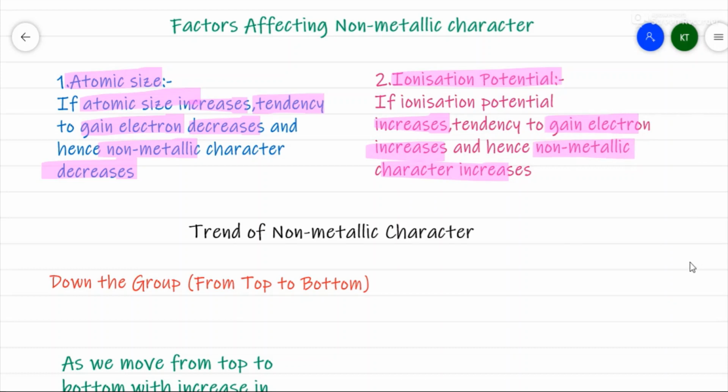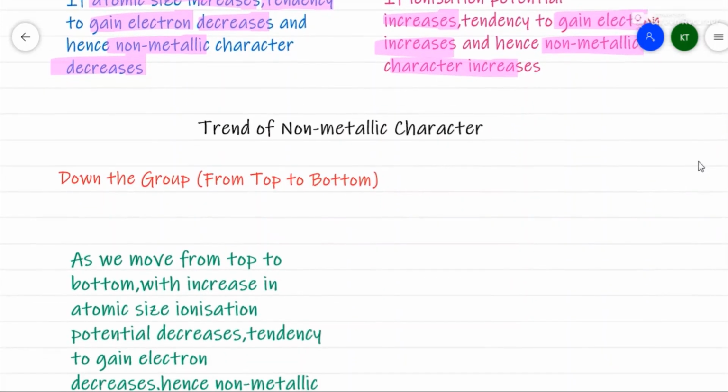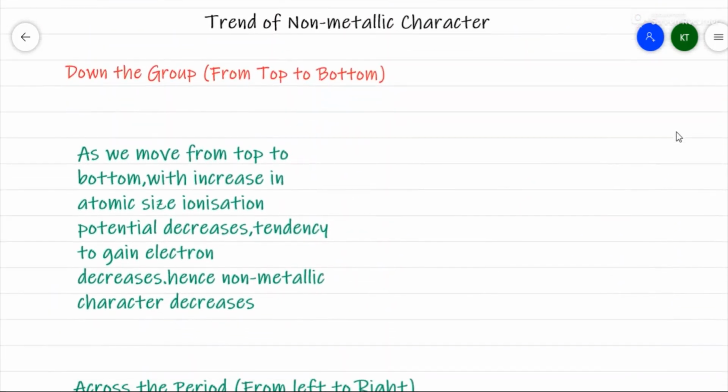Now let us see what is the trend of this non-metallic character in the modern periodic table. First we are going to discuss this down the group, that is from top to bottom.